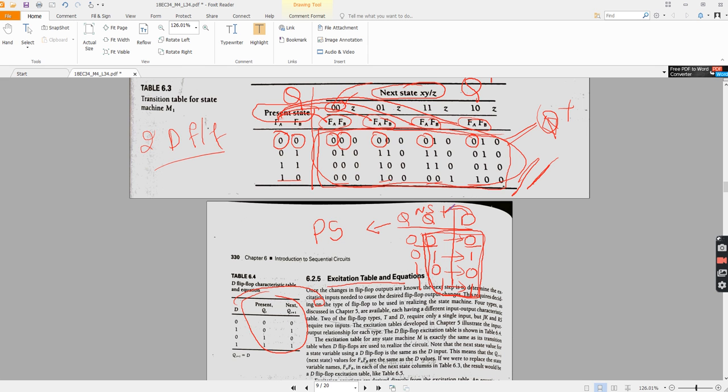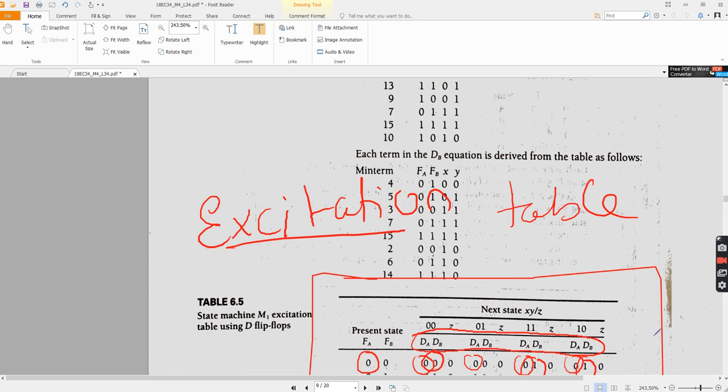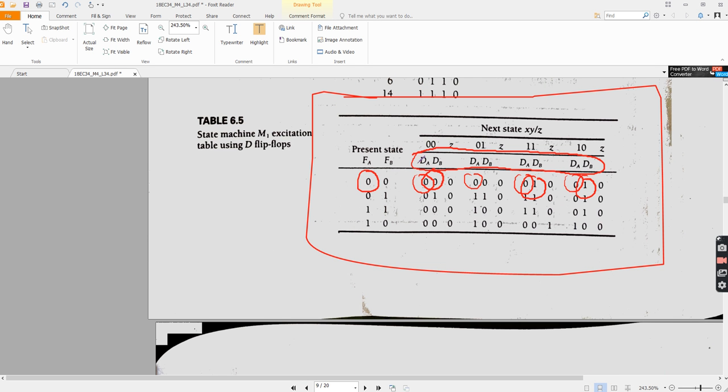Q plus 0 is D 0, Q plus 1 is D 1. So this table and the D flip flop table are both the same. This table is the same as your earlier table, only the replacement is that FA and FB are replaced by DA and DB. Is that point very clear? Yes, sir.